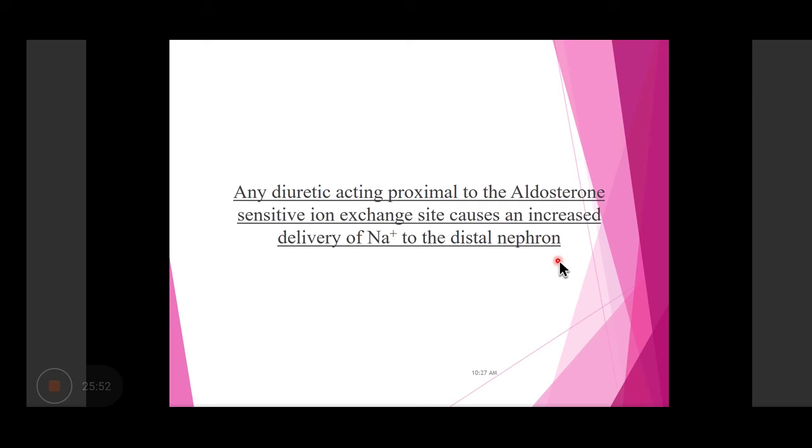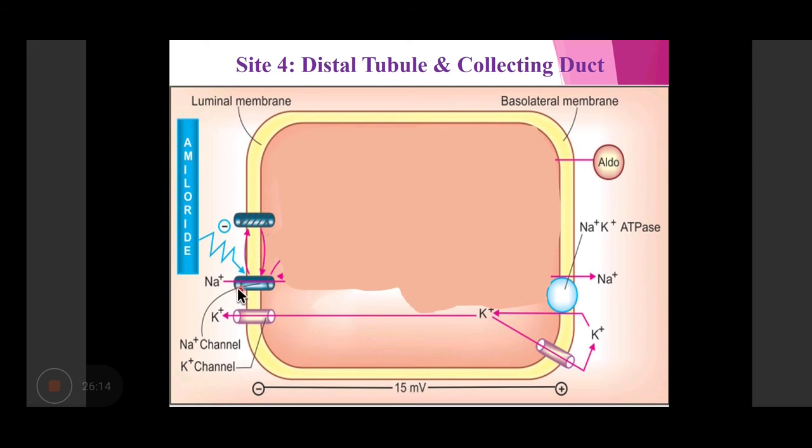As a result, the sodium from site 1, 2, or 3 will move to site 4. And the more sodium comes to site 4, the more potassium will be lost at site 4.